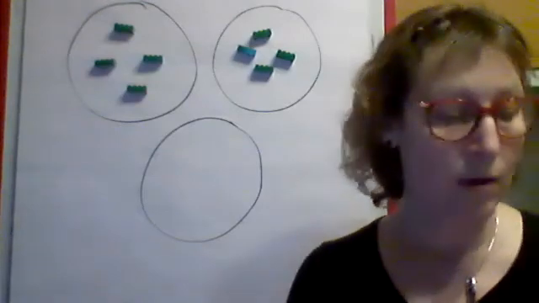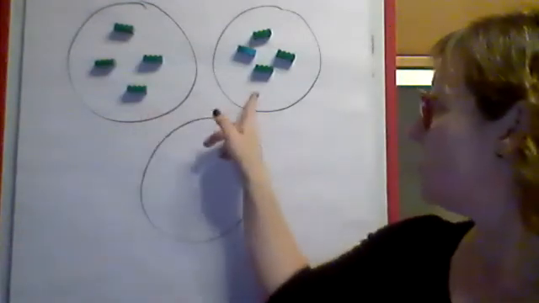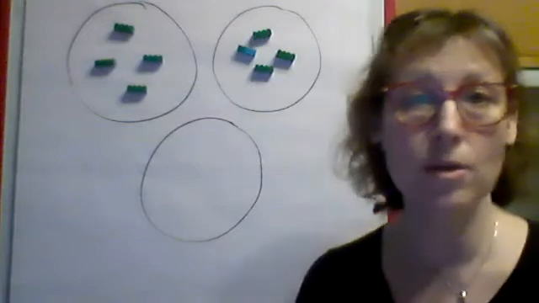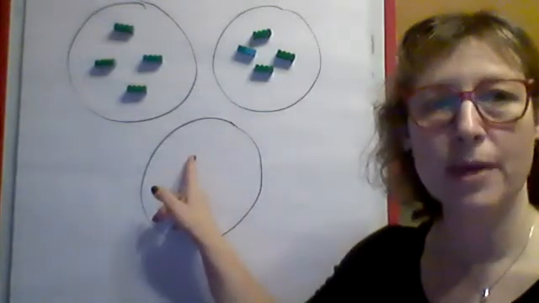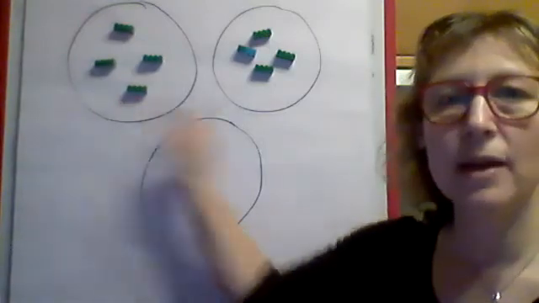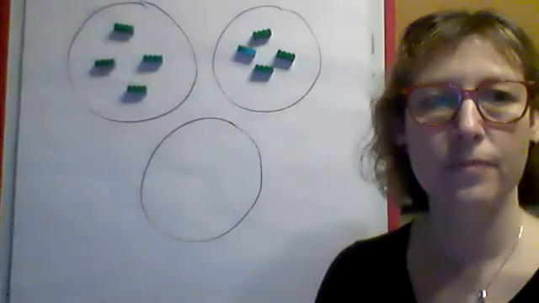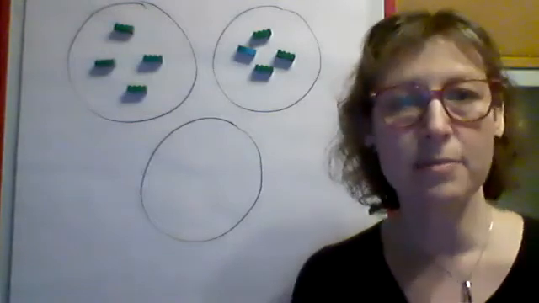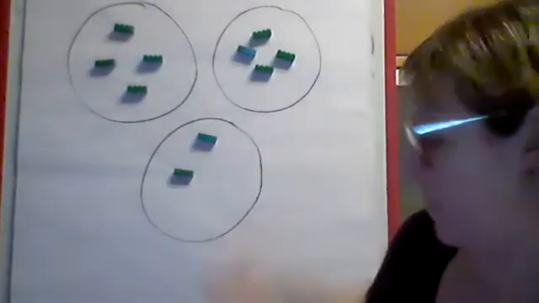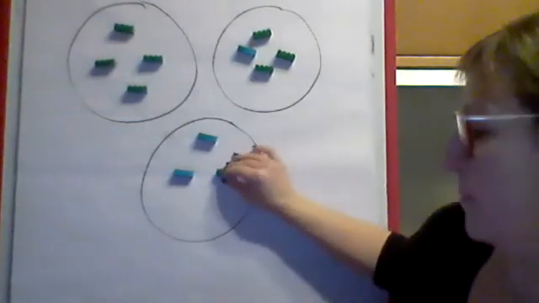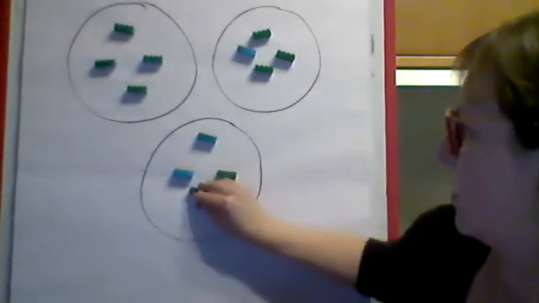So now I have 3 groups. How many bricks do I need to put in this group so that it is the same as this one and this one? That's right, I need to put in 4. 1, 2, 3, 4.